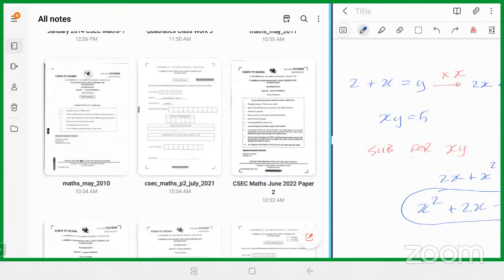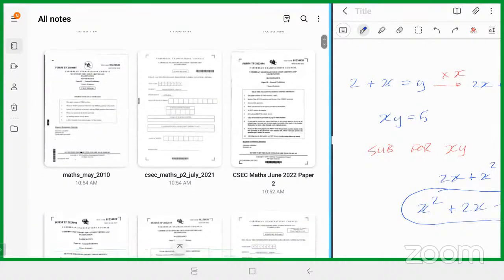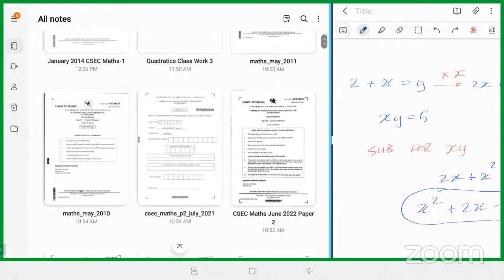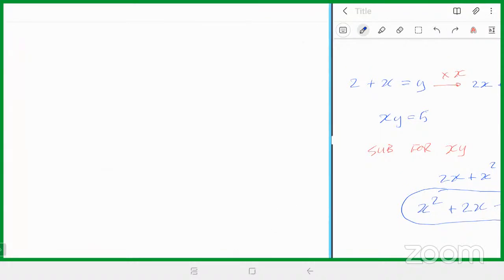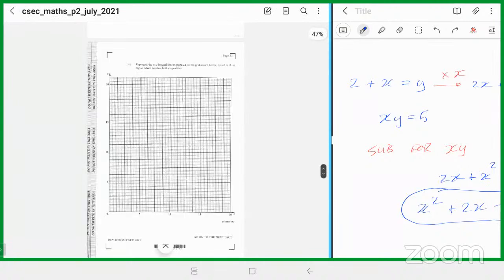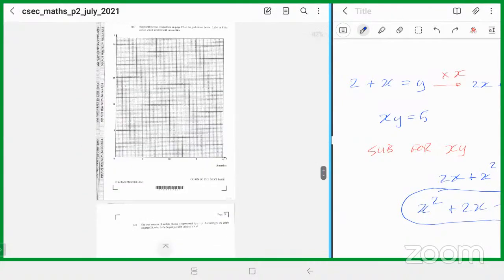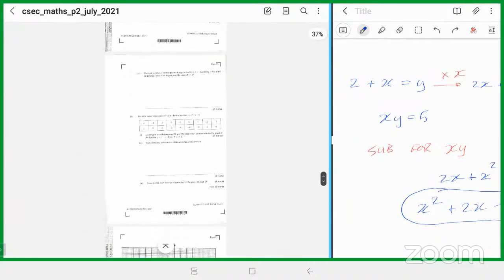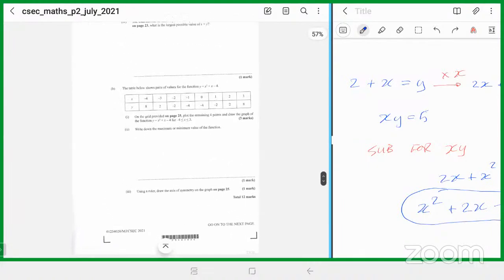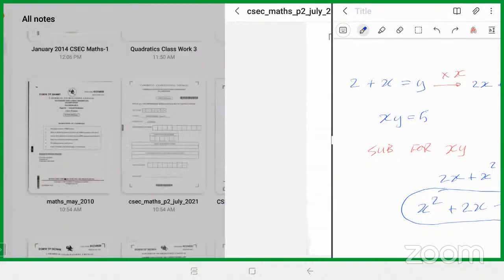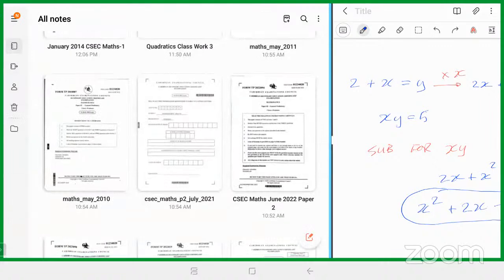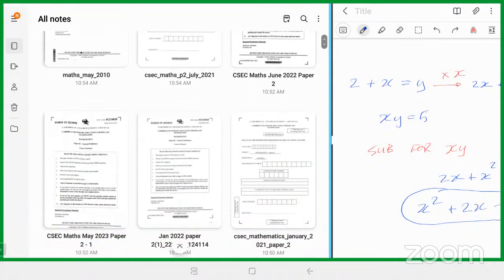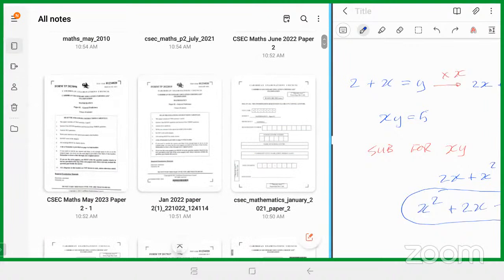Not that one I want. January 2021. I want January 2021. Where is it? Right here.